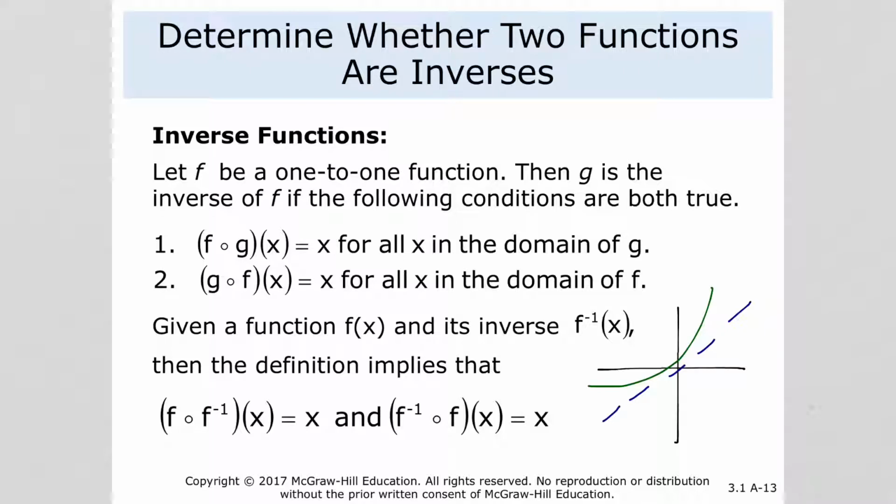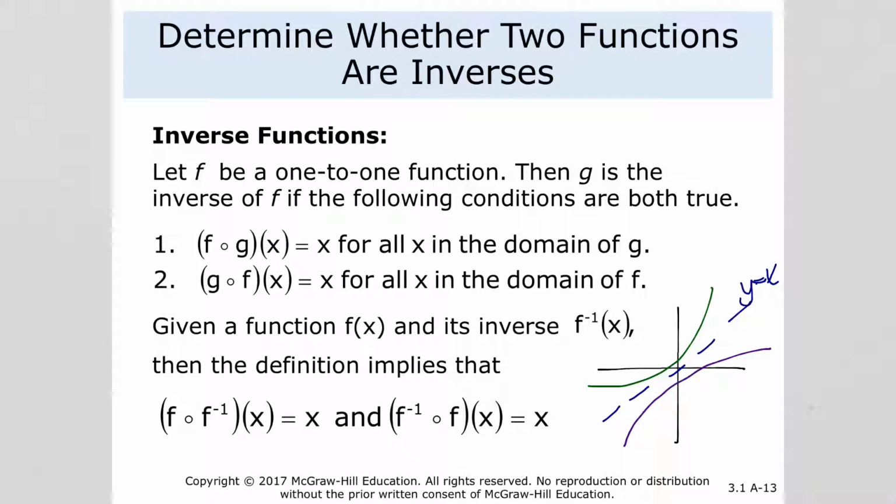Or it is symmetric to the line y equals x. So in my picture here, the green function and the purple function are inverses. And notice they are both one-to-one, otherwise they wouldn't be able to have an inverse.